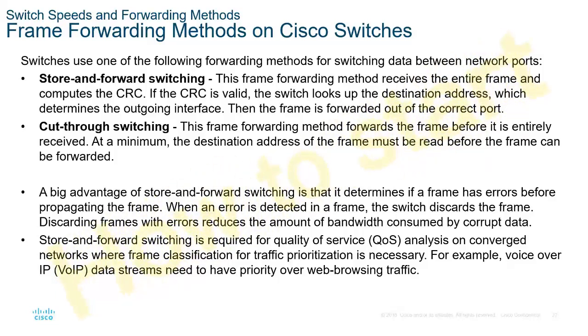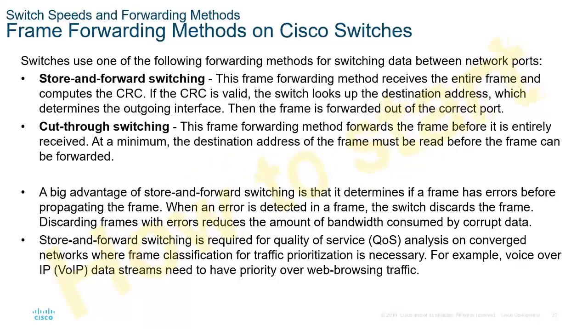Cut through actually cuts down on latency, because there are certain technologies where latency may cause an issue, like VoIP. Anything that requires real-time traffic, store and forward just makes this delayed. So there are issues there.